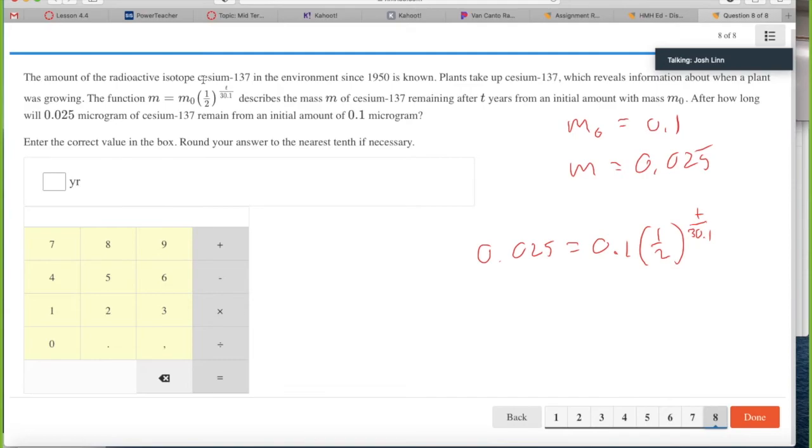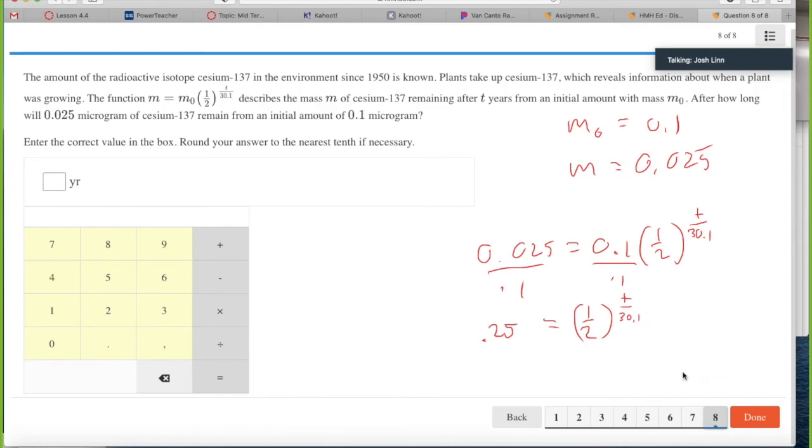So step 1, divide both sides by 0.1. So I'm just going to use my own calculator. 0.025 divided by 0.1. So we've got 0.25 equals 1/2 to the power of t over 30.1.